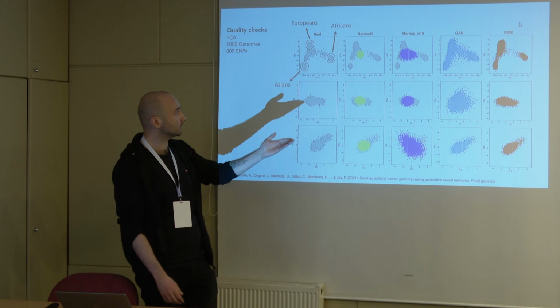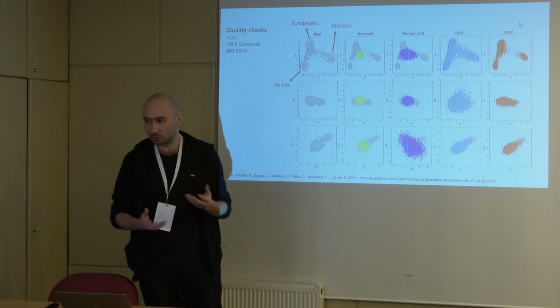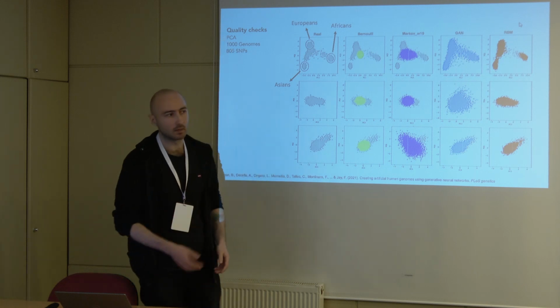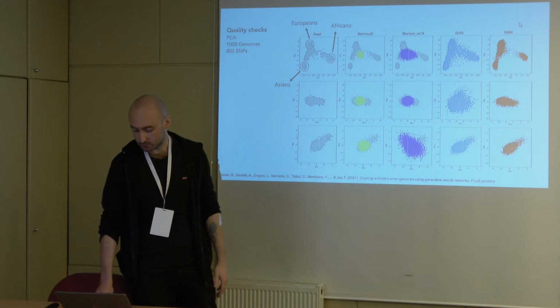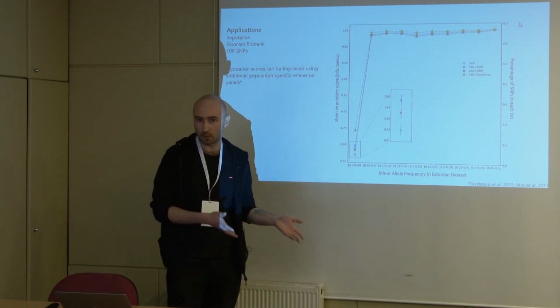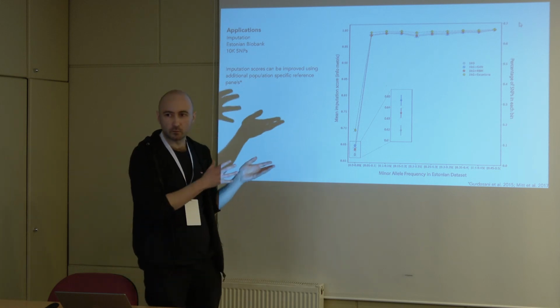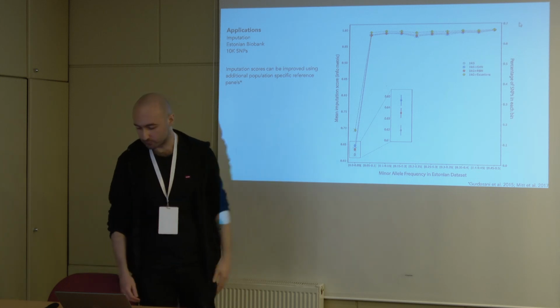Here you see a PC analysis, whether they can capture the population structure present in the original data. And we checked haplotypic integrity and privacy measures and many other things. And we also showed that these can actually be used in real applications. We showed that if you use an additional reference panel, you can actually improve the mutation scores using artificial genomes.